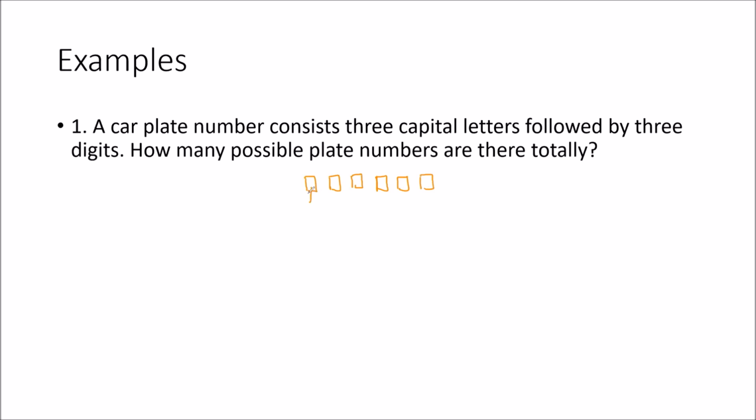So you ask yourself how many different ways to make the first position. Well, it's a capital letter. The English alphabet has 26 letters, so there are 26 possibilities. And then for the second one, we didn't say you cannot repeat the letter, so there are still 26 possibilities for the second position and 26 for the third. And you have 10 digits, right, from 0 to 9.